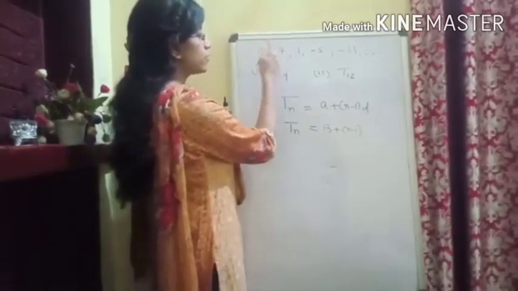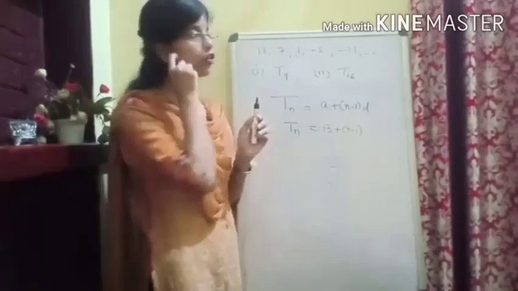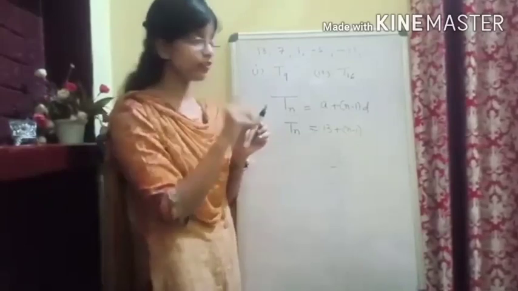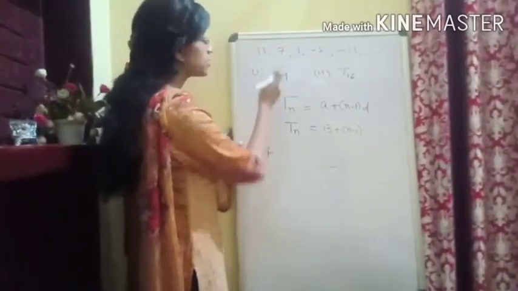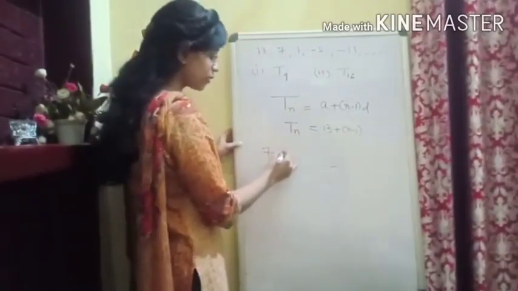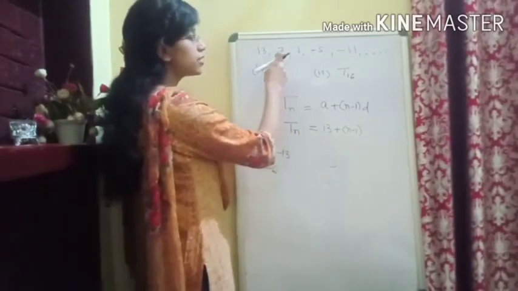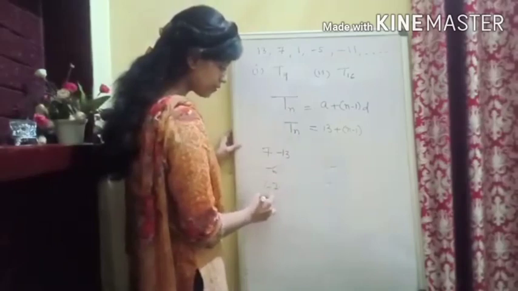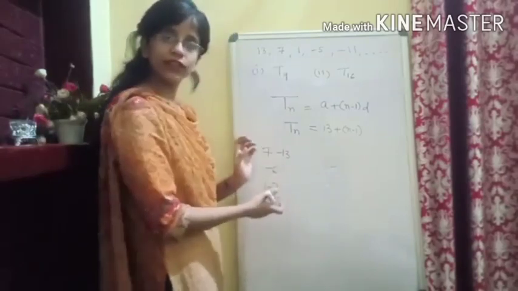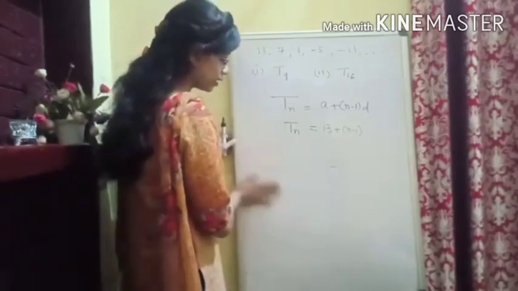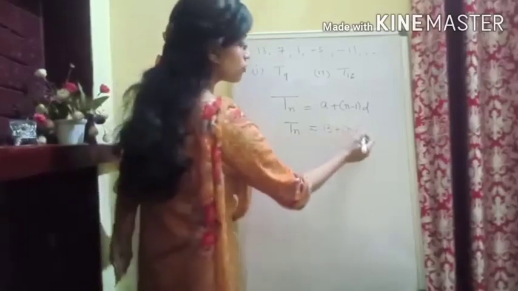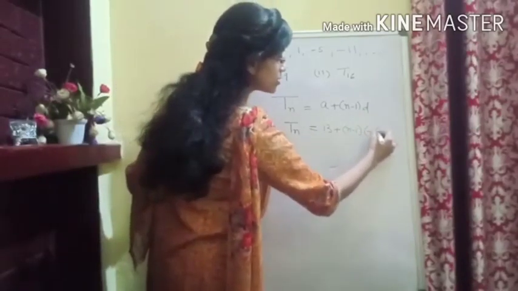This minus this, 7 minus 13. What will be the common difference? Minus 6, if you remember. It is T2 minus T1, 7 minus 13, it would be minus 6. Or T3 minus T2, that is 1 minus 7, it would be minus 6. So every time when you calculate, it will come minus 6. So here D is coming minus 6.